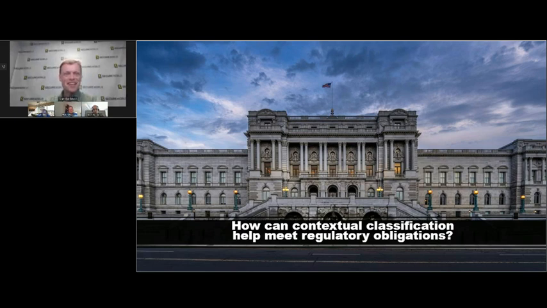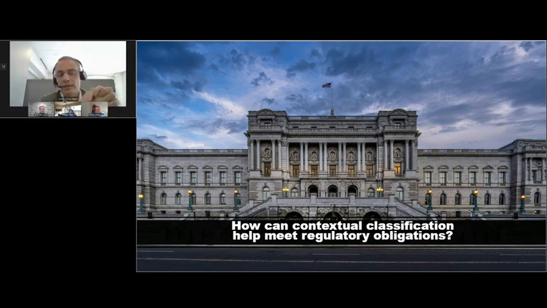So how can contextual classification help meet regulatory obligations? And really, it could be any obligation. It could be contractual, regulatory. It's the idea of taking what I showed you earlier, those 4 categories, and saying, okay, maybe I have 5, maybe I have 3 categories, but I'm going to look at the context of something. So say, for example, it's the sensitivity within a category. That's something our technology does, and when it does that, it can apply a label and say, according to this context, we think that not only does it belong in this category, but these particular controls should apply.